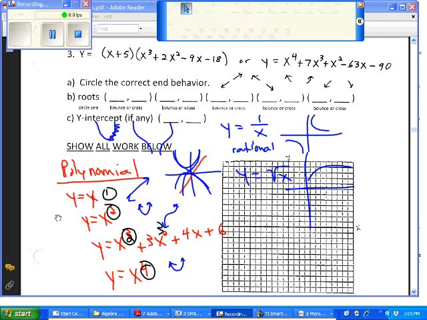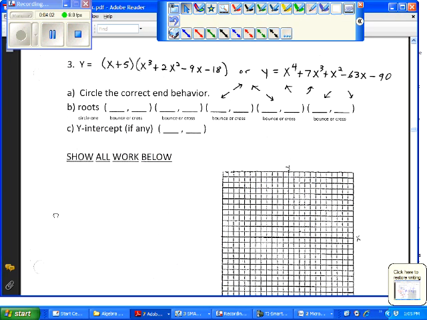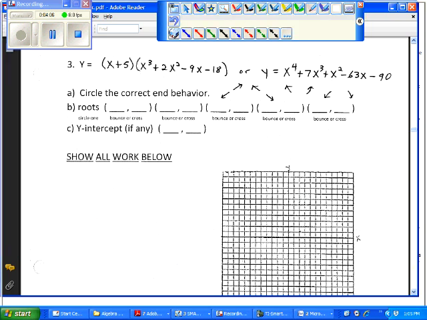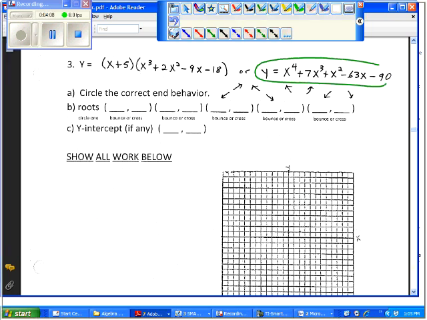All right. Now, on number 3, they've given us a polynomial of the fourth degree, a fourth degree polynomial. And it's going to have 4 roots because it's an x to the fourth power. We do not know today from this course how to factor a quartic.